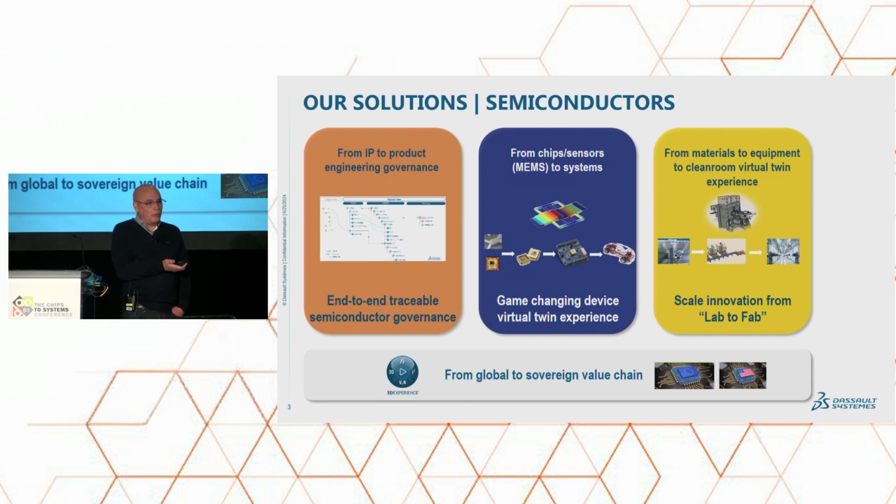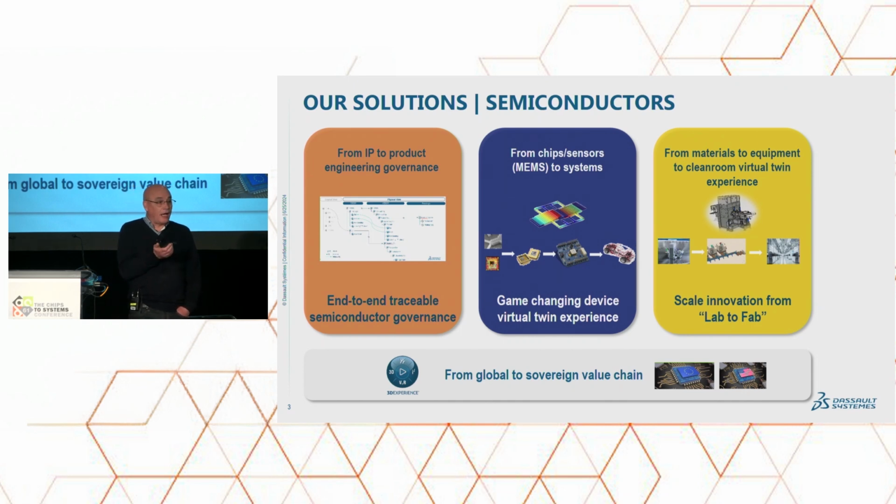Now, the how. The how is on the right. It's the yellow axis, and this is all about the production means that is meant to be leveraged in order to produce the device. So we start from the materials, we go through the process, the wafer, the equipment, the clean room, or the fab.